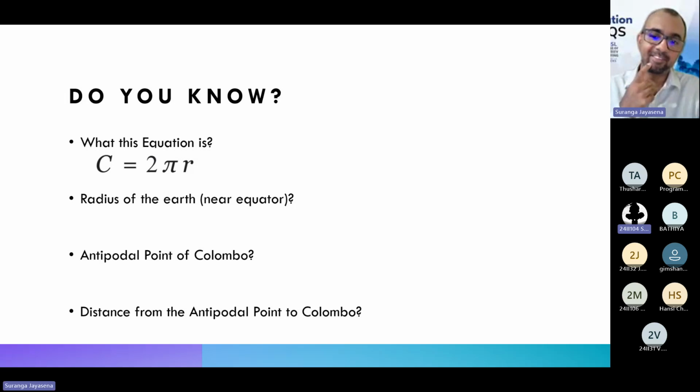So yeah, it's for the perimeter of a circle, right? Sorry, perimeter of a circle. Yeah, perimeter. It's the perimeter of a circle. Paridhiya in Sinhala, isn't it?